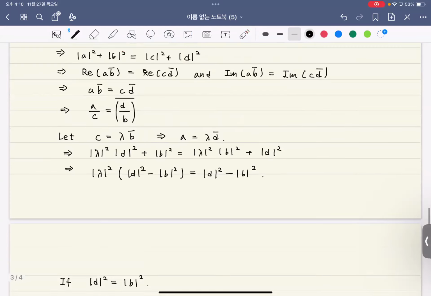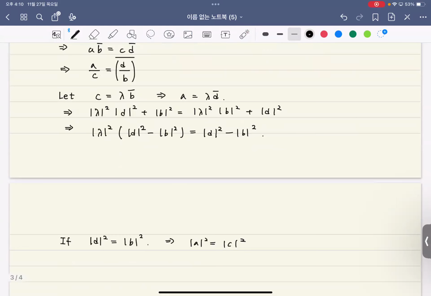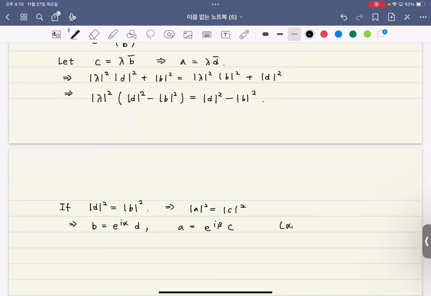Therefore, A squared is C squared. That means B and D, and A and C, have the same moduli. So you must be able to find some common real number, alpha, such that B is e to the I alpha times D, and A is e to the I beta times C. Of course, alpha and beta are real numbers.